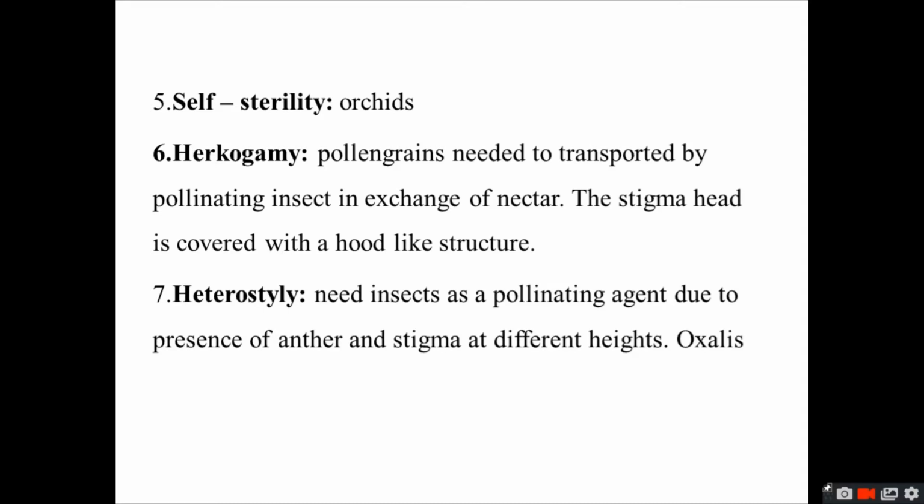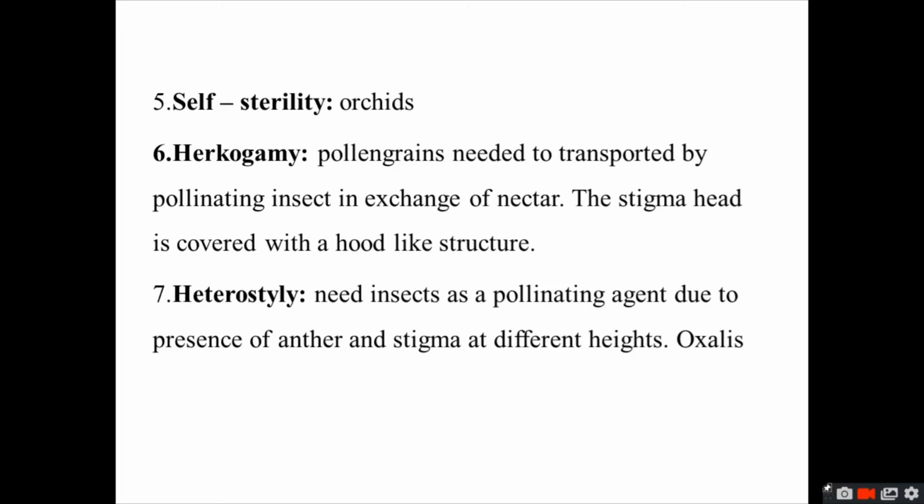Next is hercogamy. Hercogamy is another type of cross pollination in which the pollen grains need to be transported by the pollinating insect in exchange for nectar. The stigma head is covered with a hood-like structure. Hercogamy is basically seen in the pansy flower.